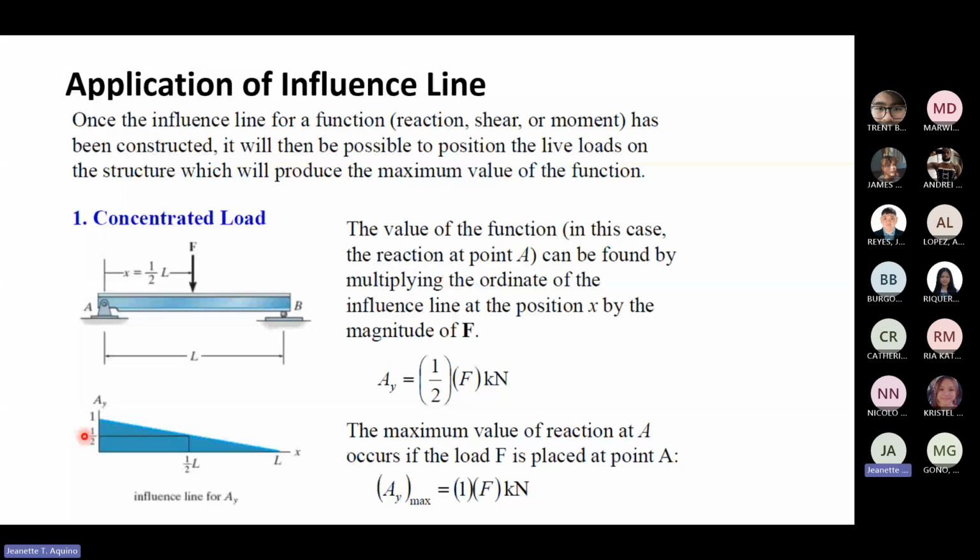In this case, the reaction at point A can be found by multiplying the coordinate of the influence line at position X by the magnitude F.